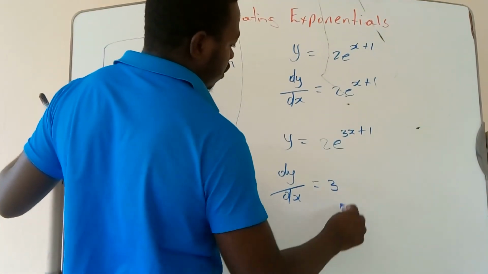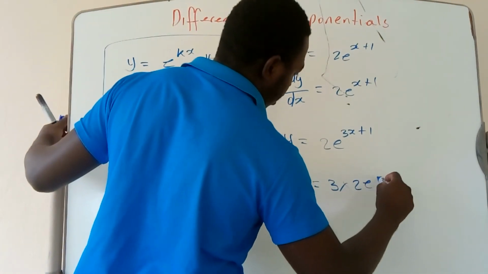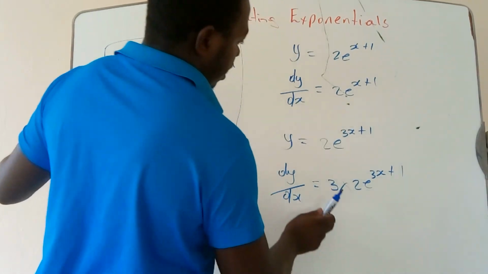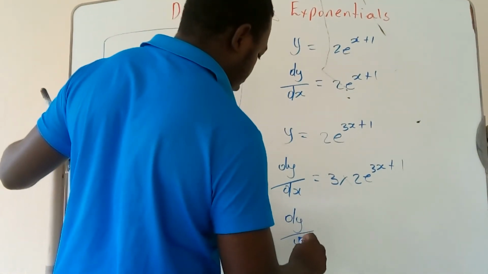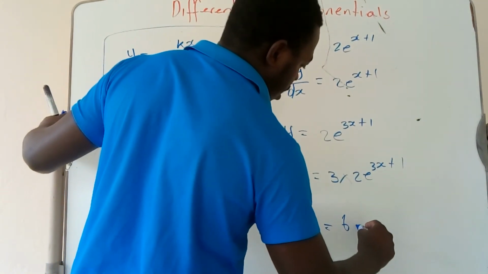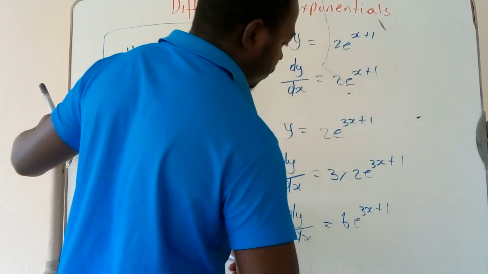You must take that to multiply the original function, which is 2e to the 3x plus 1. This can be simplified to give dy by dx is equal to 3 2's give you 6e to the 3x plus 1. That's it.